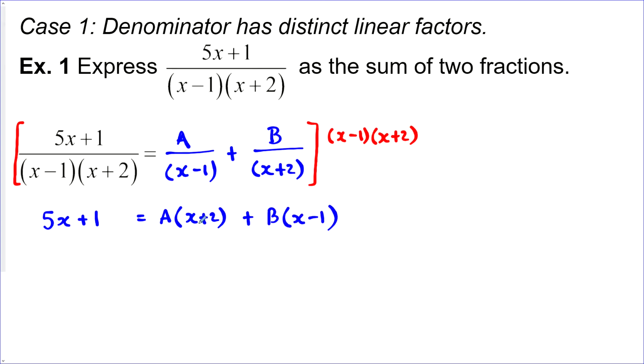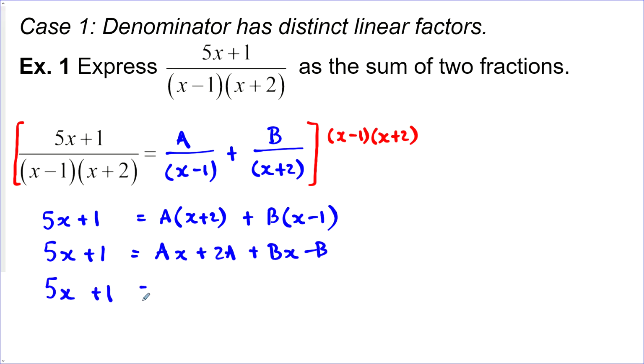Now we'll distribute in the a and b and collect up the like terms. And we get ax plus bx and 2a minus b. I'm going to factor out the x's, and you'll see in a second why we would do that.